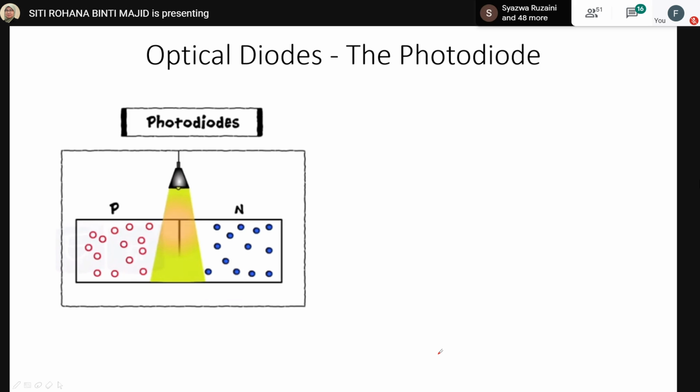So from here we have a photodiode, and this is the symbol of the photodiode. They use a simple PN junction, and once light is emitted on it, something will happen to the holes and electrons in the P and N junction.